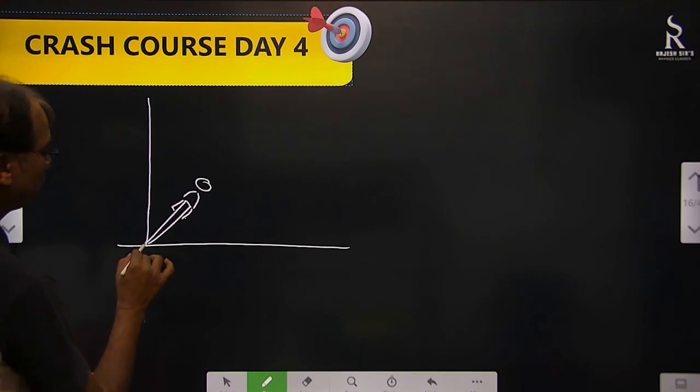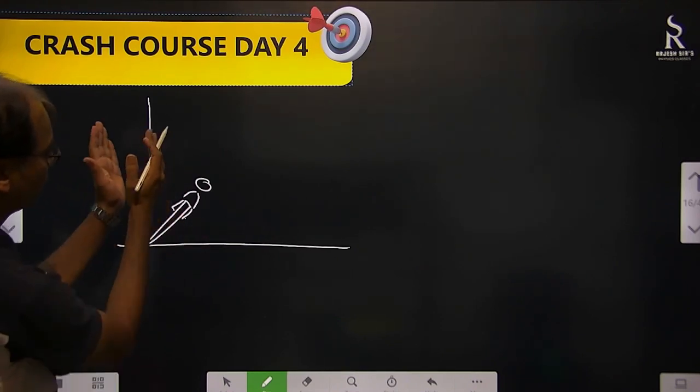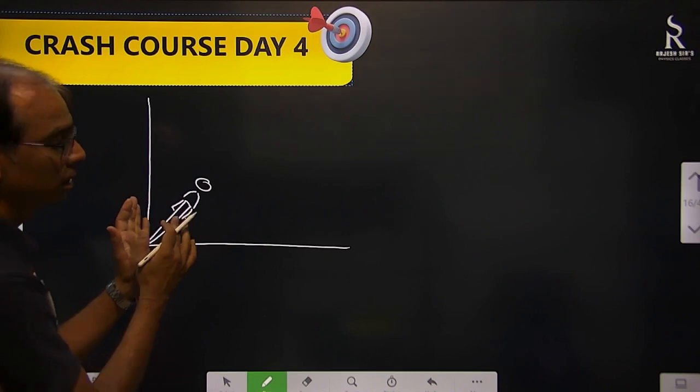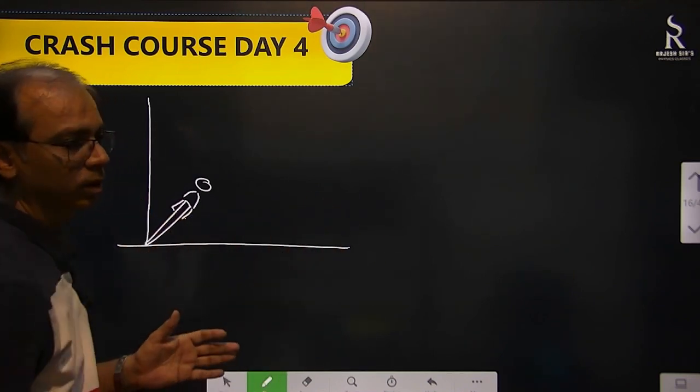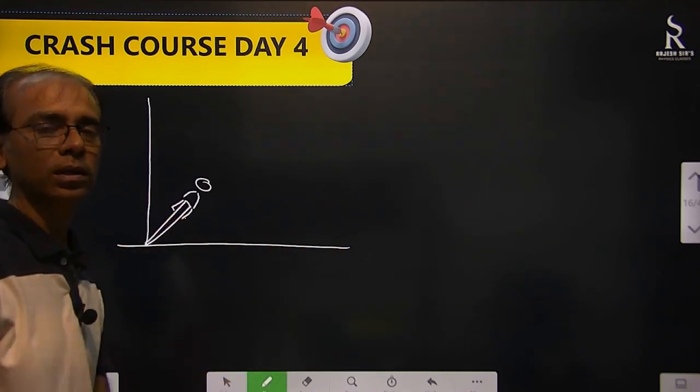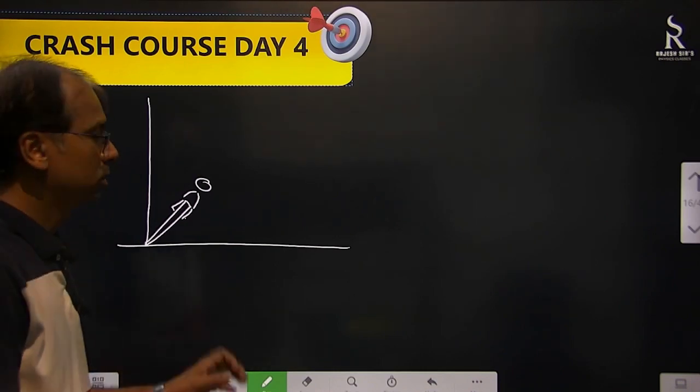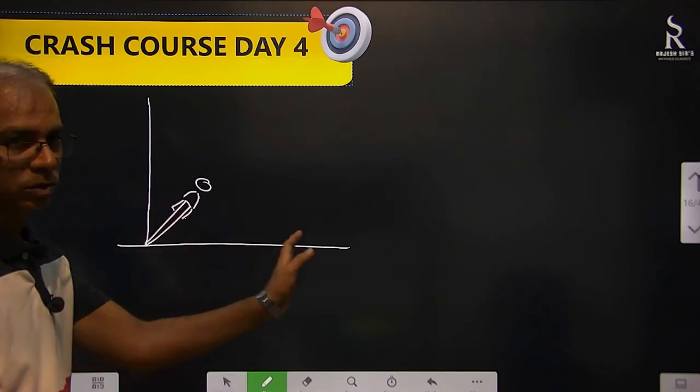Now you can see that the wheel is vertical, normally the wheel will be vertical. He is trying to take a turn on this side. Wherever you want to take the turn, that side only will be taking the bending. So he is bending it over here, that means he wants to take the turn this side.